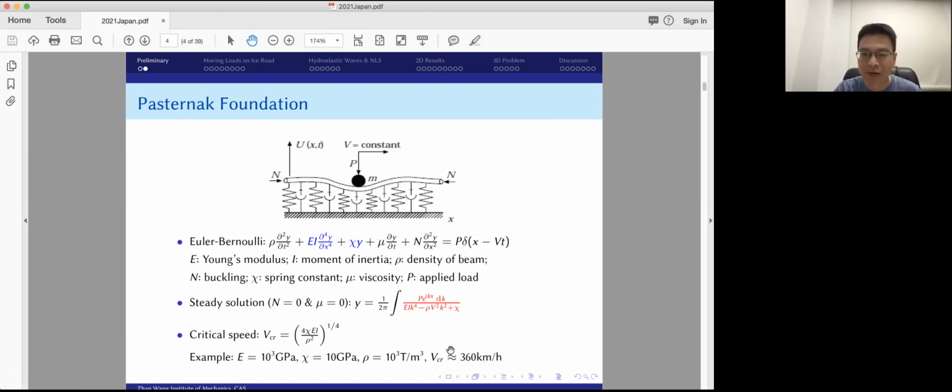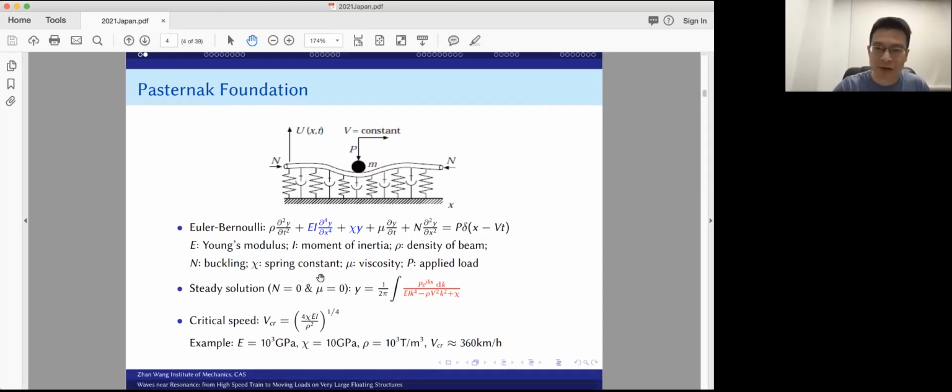So it's quite a reasonable speed, easy to reach. Okay, so this is a totally different story, but I will go back to this example and show that the main problem we're going to talk about is very similar to this problem in some sense, in the linear sense.